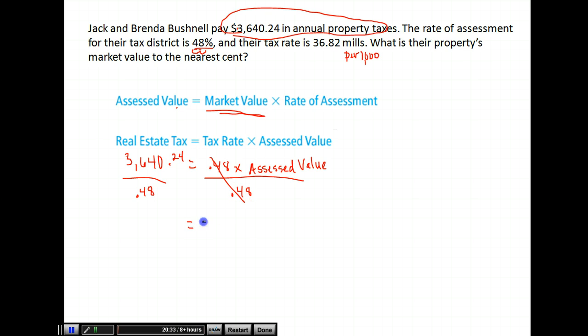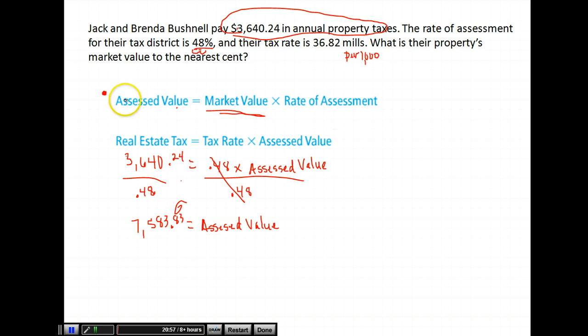Okay, when I do that, I'm given the assessed value, which comes out to $7,583.83. That's the assessed value of the home. We are trying to find the market value, which again, notice is in this formula here.